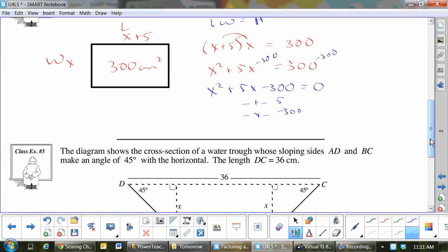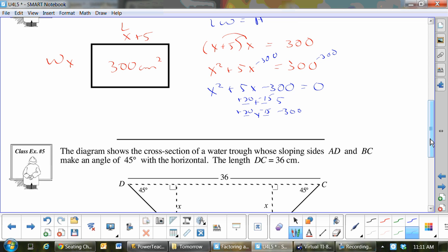Pardon? Positive and negative, right? And whatever these two numbers are, they're going to differ by 5. But they must multiply to be 300. What would those numbers be? Positive 20 and negative 15.